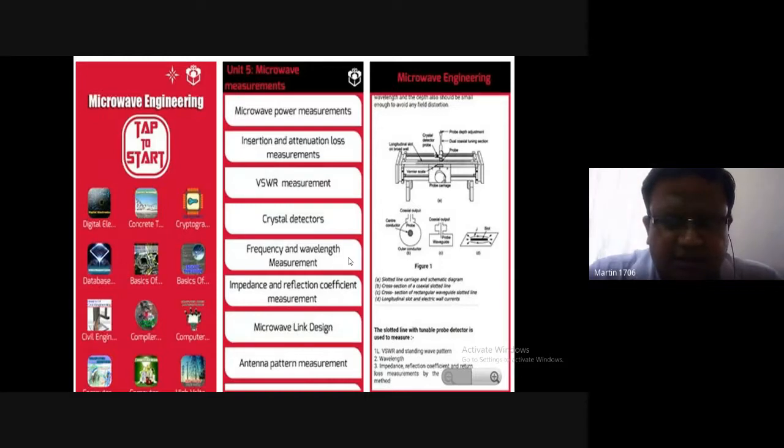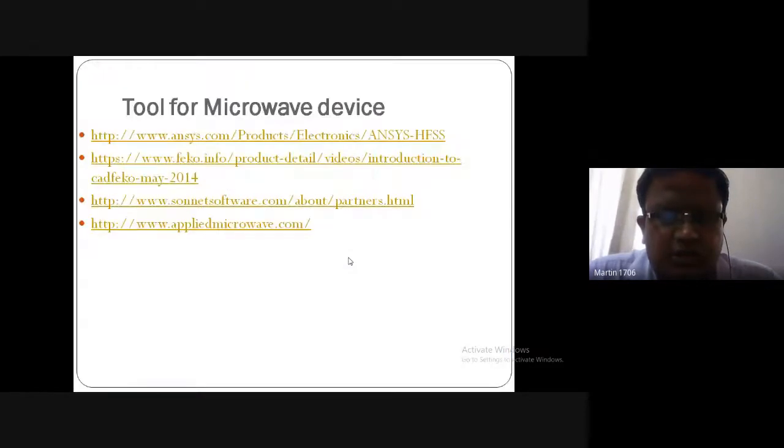You can see this is another microwave engineering app. It is able to measure microwave insertion, attenuation, VSWR, crystal detector, etc. So once you click on it, you can give the matrices whichever you have calculated, and based on it we can work it out.